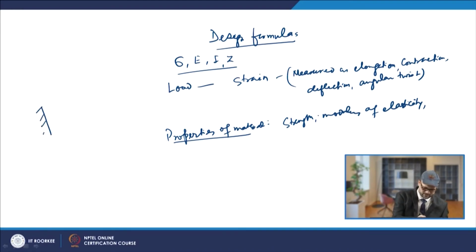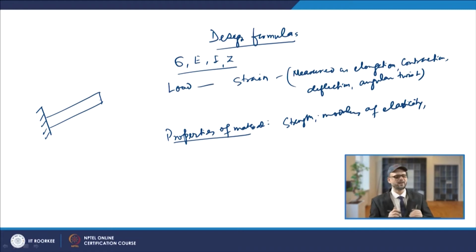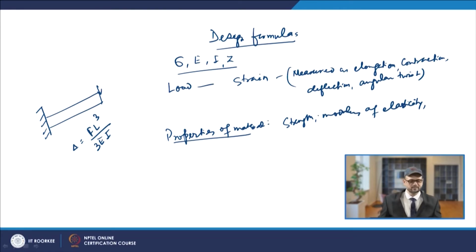As we know, if you have a cantilever beam and you apply a force, you will have a deflection, and that deflection will be FL cubed upon 3EI. Here F is the load bringing about the deflection delta, L is the length of the cantilever beam, E is the modulus of elasticity of the material, and I is the moment of inertia.